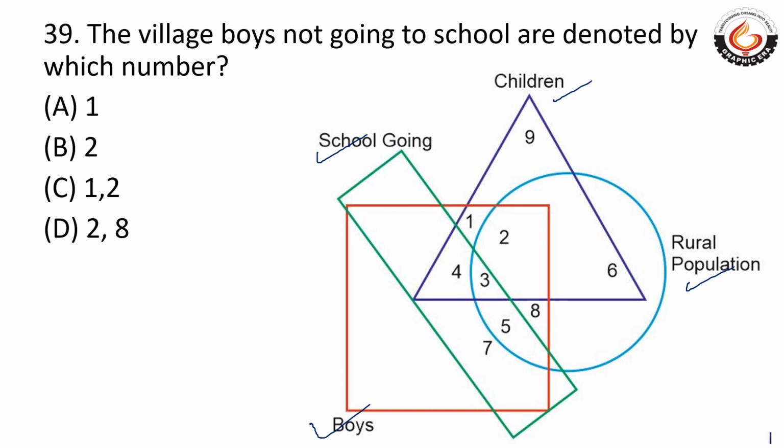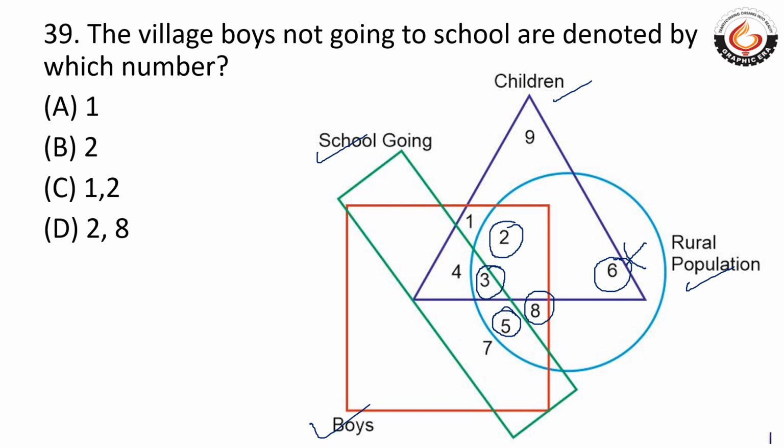First of all, they're talking about village boys. It means the answer should be from the rural population: 2, 3, 5, 8 and 6. Answer should be from these 5 only. Now they are talking about boys, so this is cancelled, because 2, 3, 5 and 8 are from the square box and these are all boys.